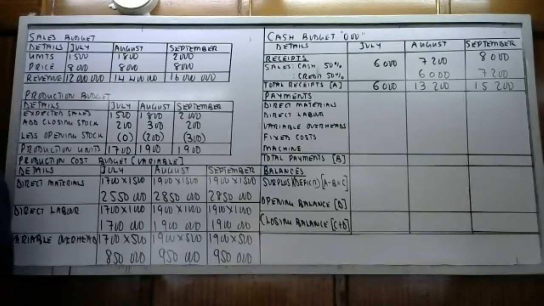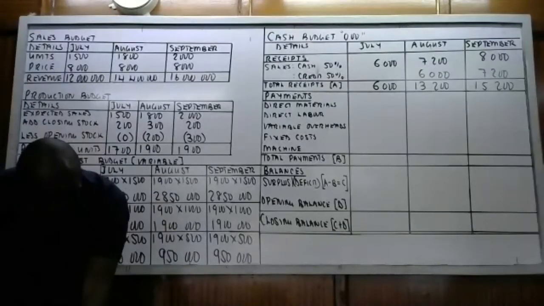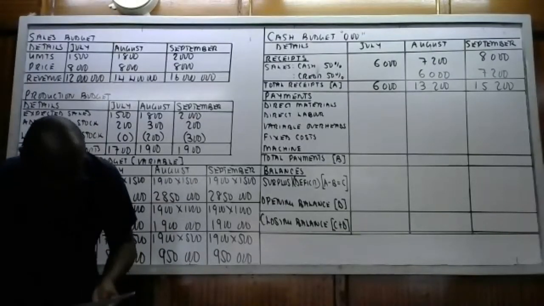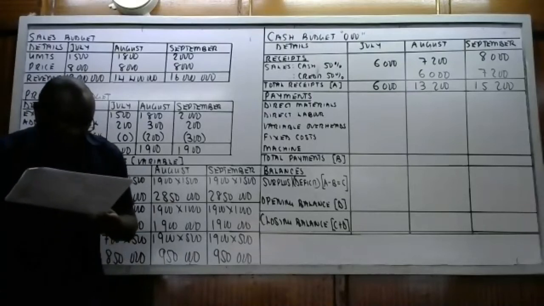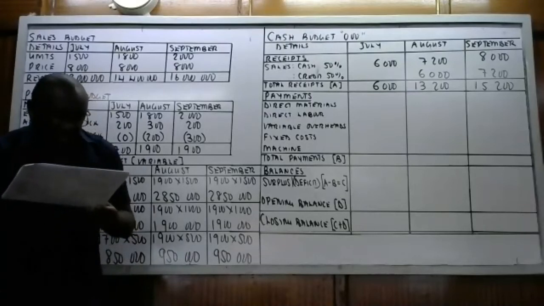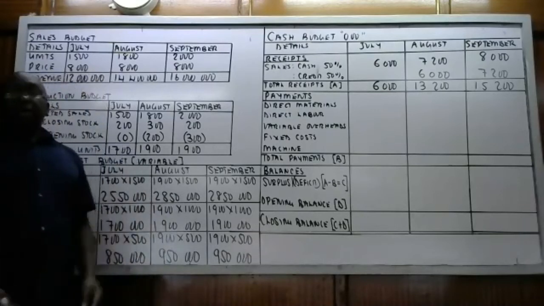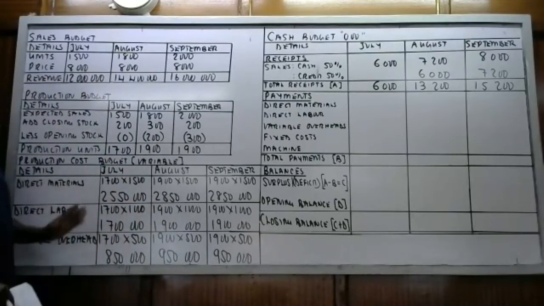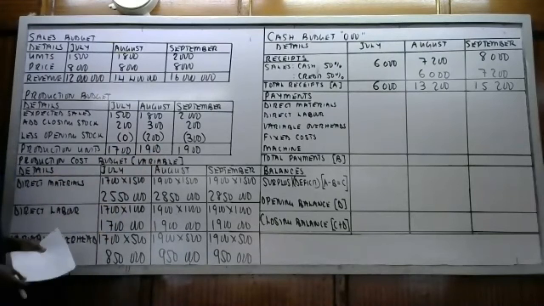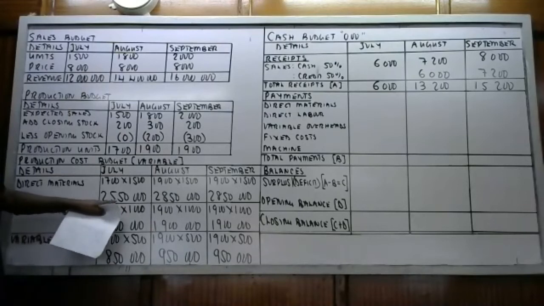Good. Now, tulikuja kulipa materials according to information 5. We are told suppliers give 1 month credit. Hiyo ni kumaanisha ukinunua this month unalipa the following month. So hizi materials zenye tununua July ndio tutakuja kulipa August.